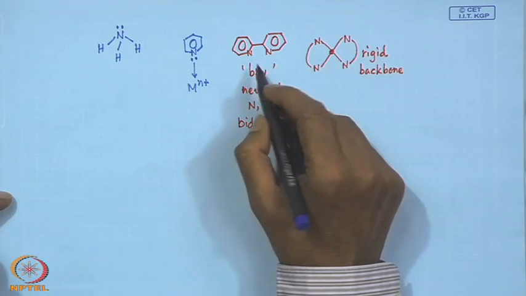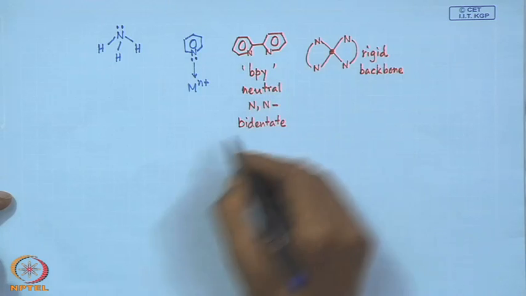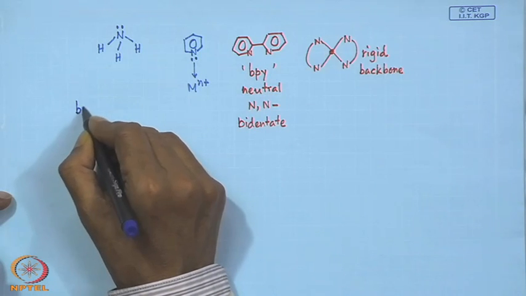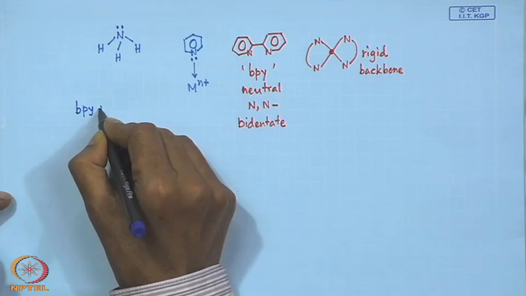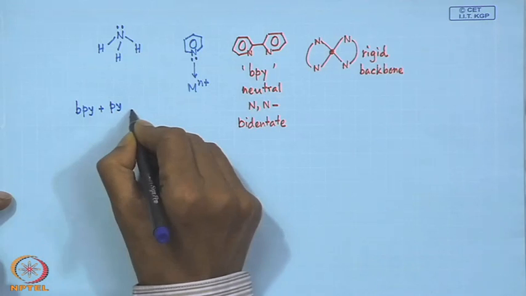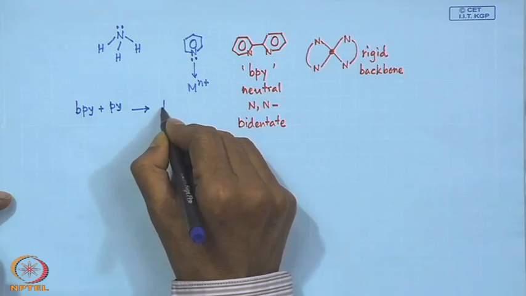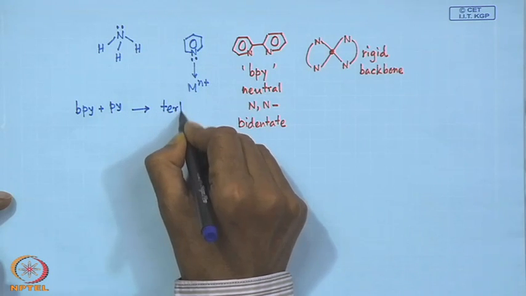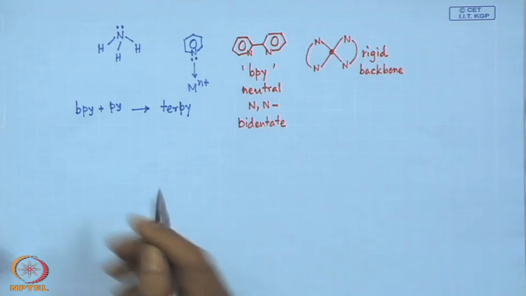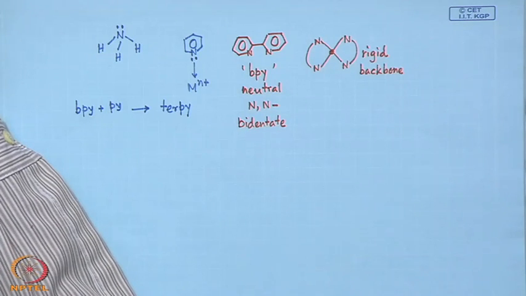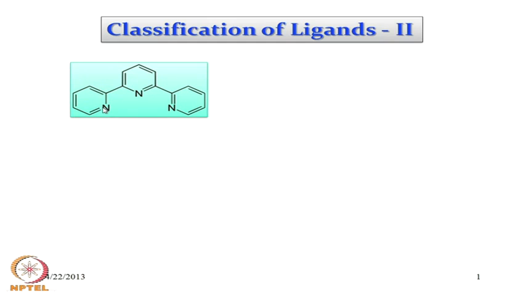Similarly, if we go for the third one, that means BPY backbone plus another PY, we get the corresponding ligand, which is known as terpyridine. So, this is our terpyridine ligand, where we can have 3 nitrogen donor atoms which are close to each other.